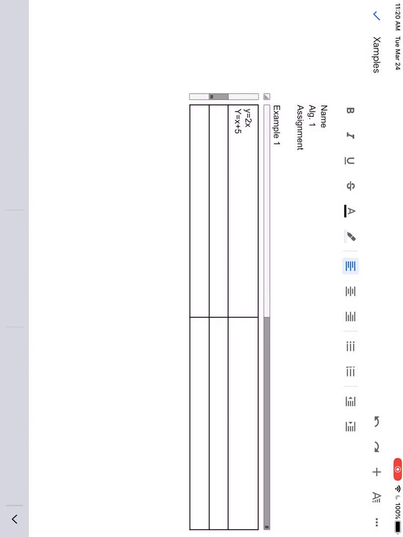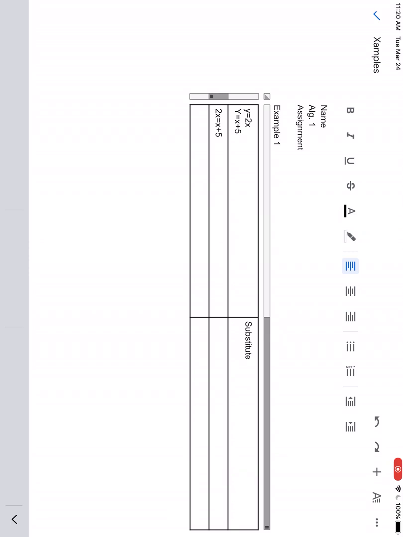So because y and y are the same thing, I can go straight to substituting. Back in the first example, we said, okay, the 2 y's are the same thing, so 2x must be equal to x plus 5.